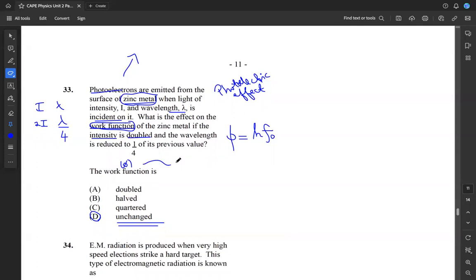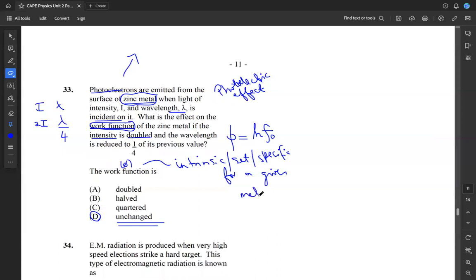It is intrinsic to a given metal. Intrinsic, or I would say set, or specific for a given metal. So you can't do anything externally to change it, right?